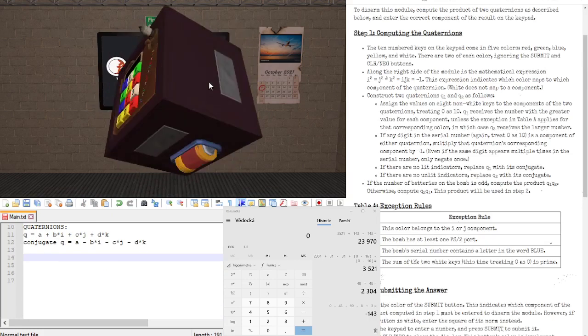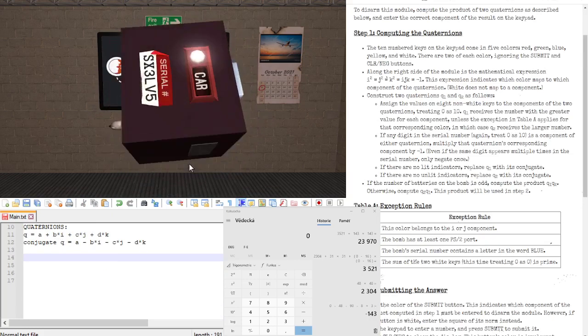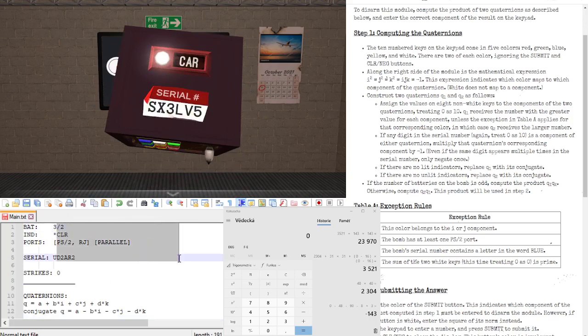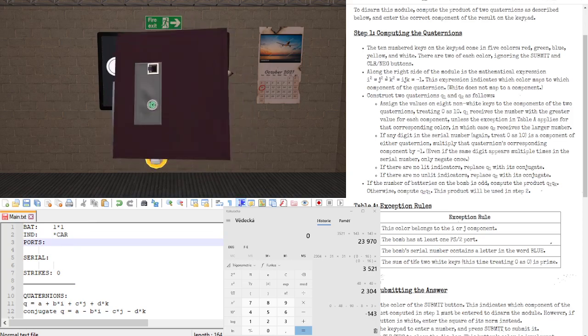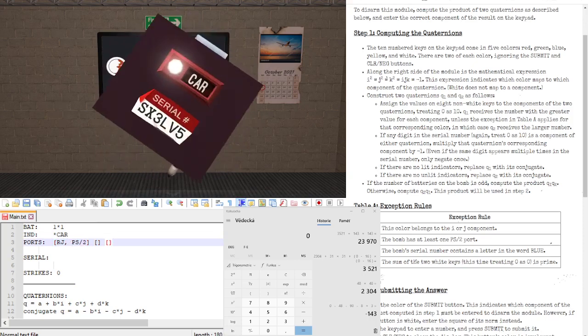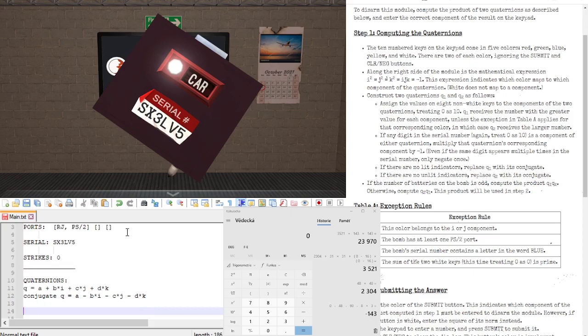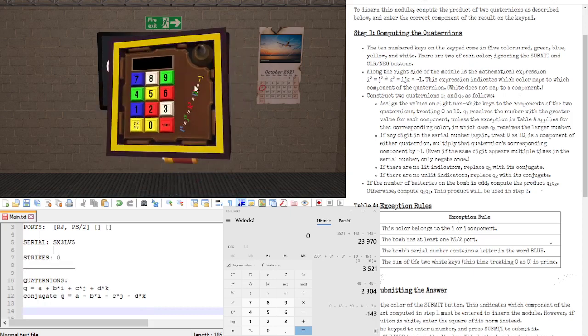We have edgework 1 in 1. We have a lit CAR. We have an RJ and PS2 plate. We have an empty plate and another empty plate, so 2 empty plates. And the serial number is SX3LV5.